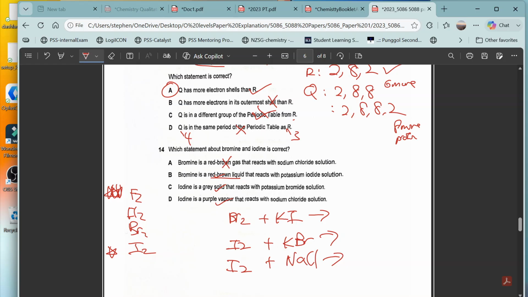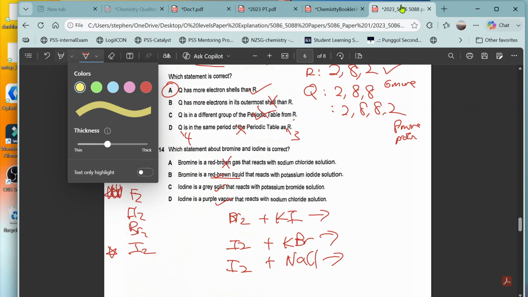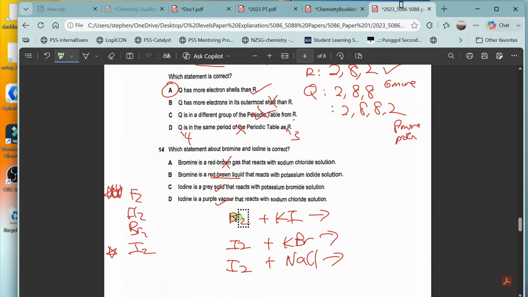Straight away I saw something wrong. Why? Because a more reactive element can displace a less reactive element, right? So I highlight this one and this one. Is bromine more reactive than iodide? Yes, right? So B can occur.